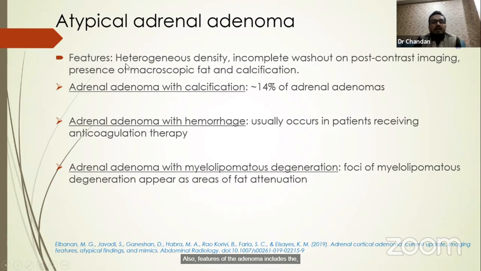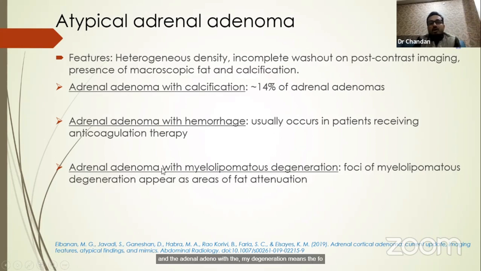Atypical features of adenoma include heterogeneous density, incomplete washout on the post-contrast imaging, and presence of macroscopic fat and calcification. Adrenal adenoma with calcification represents 14% of adrenal adenomas. And adrenal adenoma with hemorrhage usually occurs in patients receiving anticoagulation therapy. It is also important for the spotter examination that adrenal adenoma can show hemorrhage.